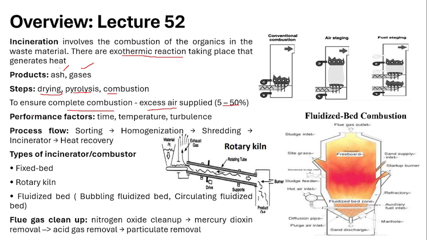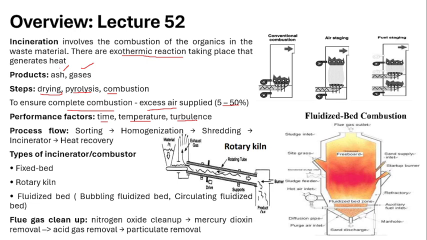And the performance factors. So, the performance of converting the waste material into the completely combusted gases depends upon the contact time. So how much time it is there, what temperature it is providing, and what is the turbulence in the waste material. So all these are going to affect the performance of the incineration process.